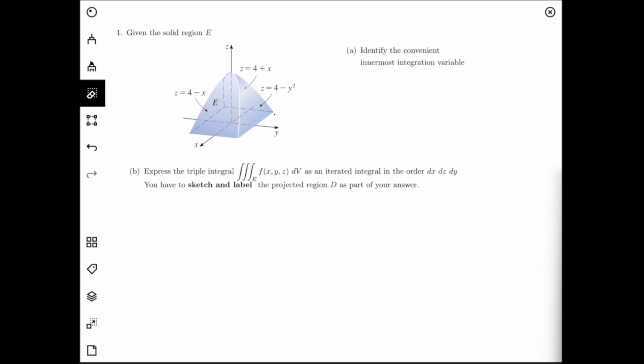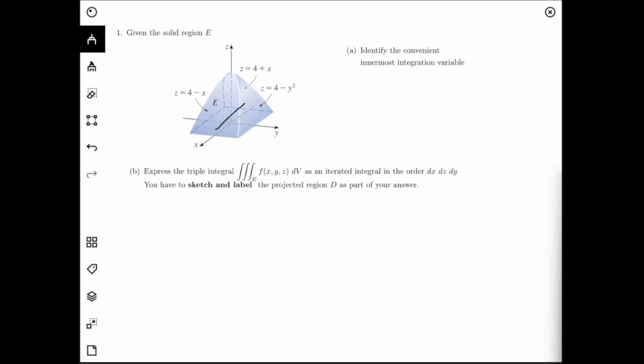I guess we could do y. But the issue with the complexity of that is you're going from one side of the same function to the other side of the same function, and I don't really want to think about that either.